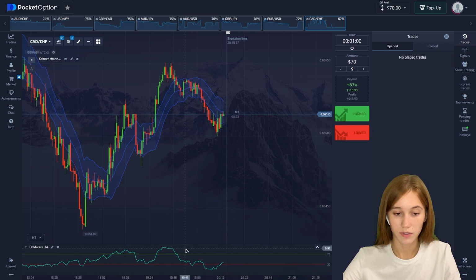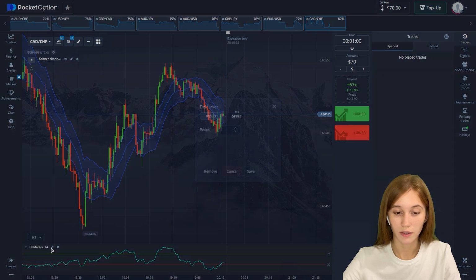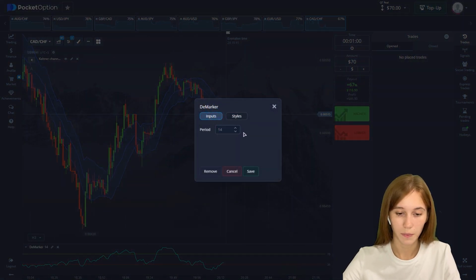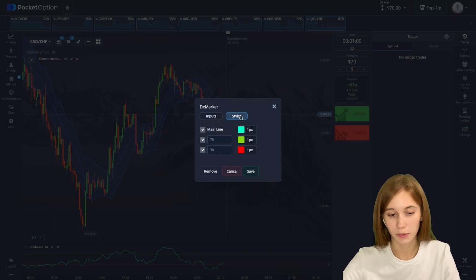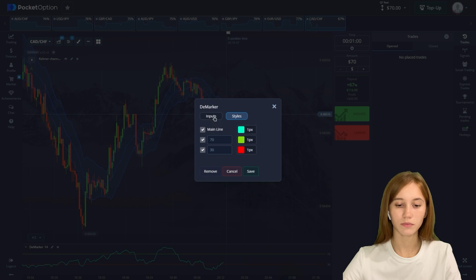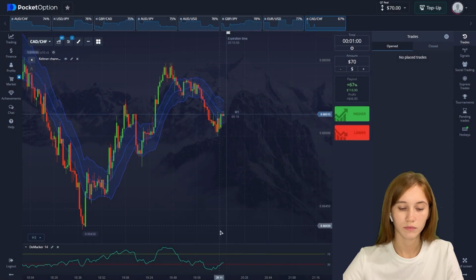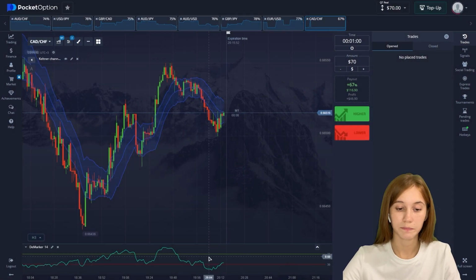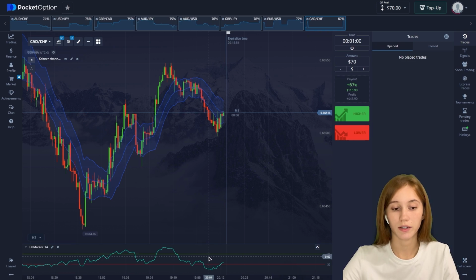And the second indicator, you can see these settings, also quite simple. I can copy it. It's a popular indicator, oscillator.